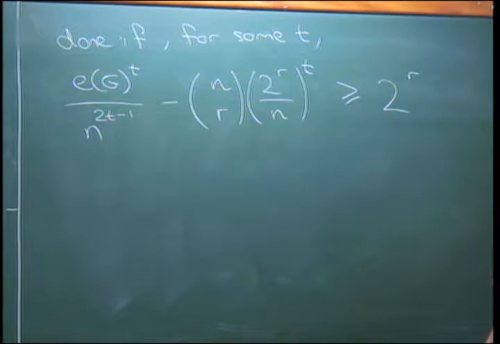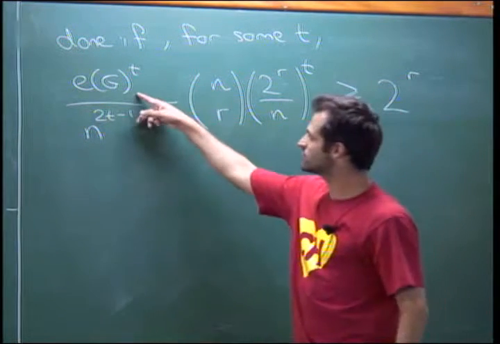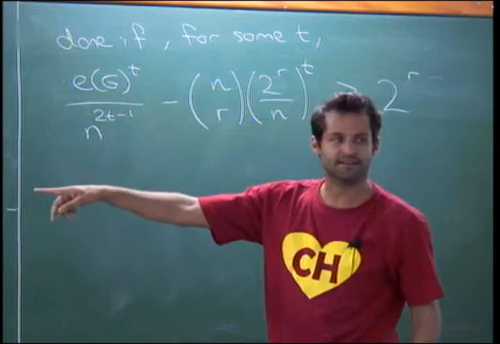What is the number of edges of G? It's at least n squared over 4.